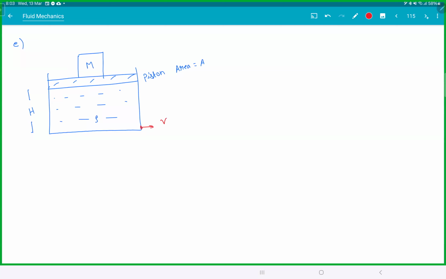Basically from fluid statics, we need to just get the pressure somehow and put it in that formula and you'll get the answers. So here what is the pressure? P naught, because there is atmosphere also, plus the block's pressure mg by area, plus rho gh. Agreed? Outside the pressure is P naught. So delta P will be mg by A plus rho gh.